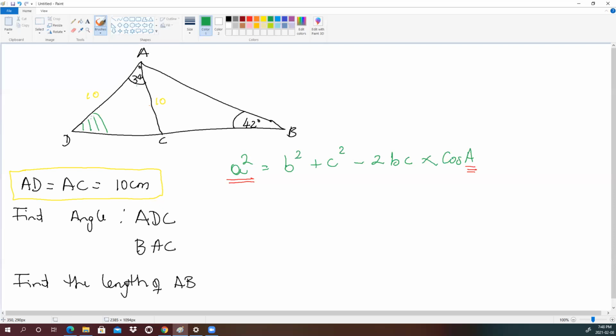Little a is just the generic formula. It's just a general formula. In our triangle, we don't have a little a.